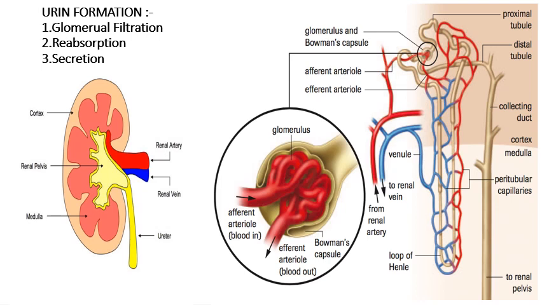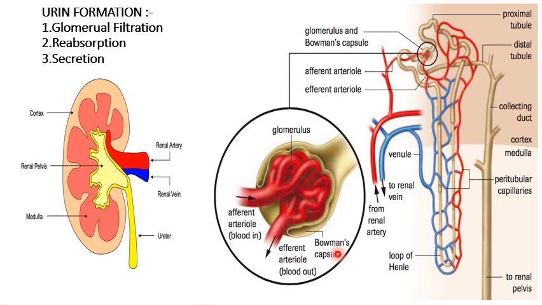The first one is glomerular filtration. Here you can see this particular part is called the glomerulus, which serves as the location of blood filtration. It filters the blood by pushing blood through its capillaries. Later the blood passes through the filtration membrane of the glomerulus, and this is what we call the filtrate.